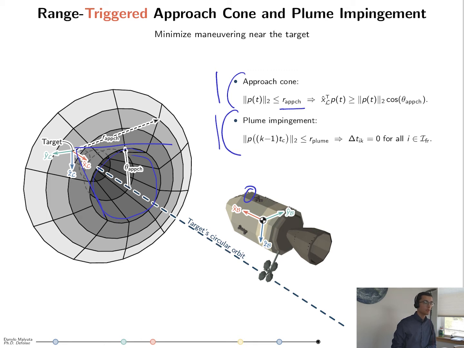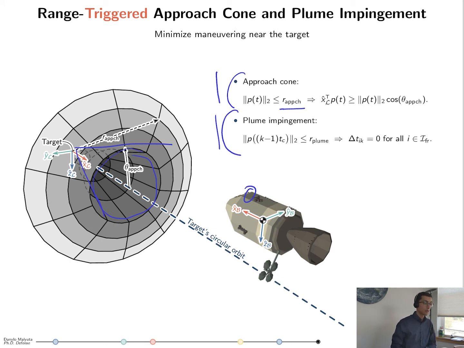So the approach cone tells you that if the spacecraft is close enough to the target, within some radius of r, then it has to stay inside of this cone region that I illustrate here. What this cone does is basically prevent excessive lateral motion of the spacecraft with respect to the docking port of the target, which you don't want when the two things are very close.